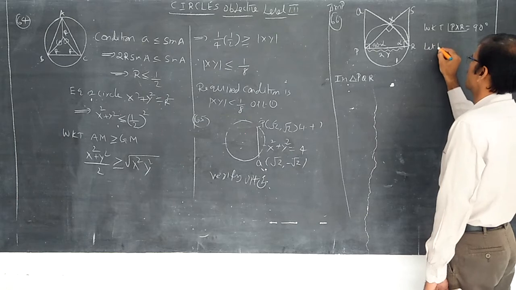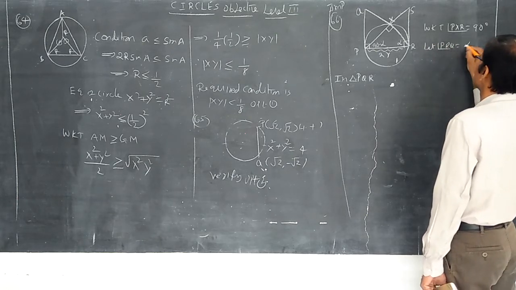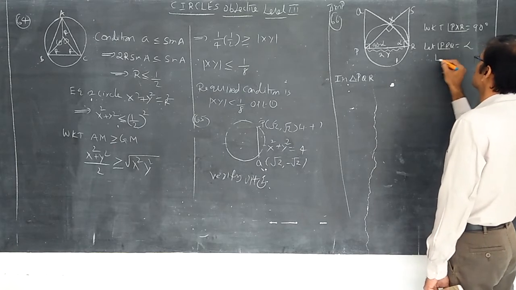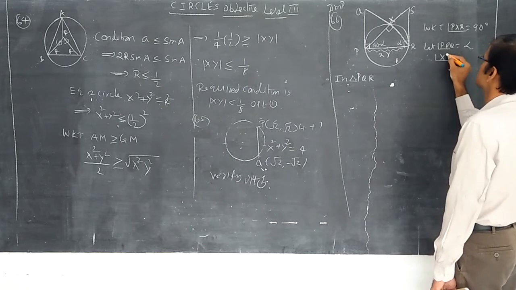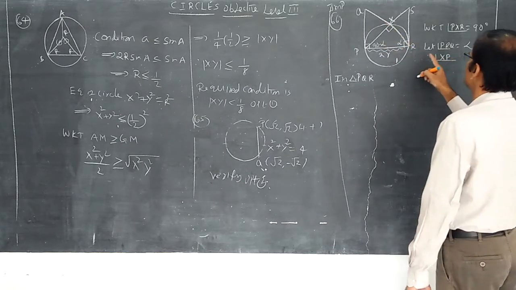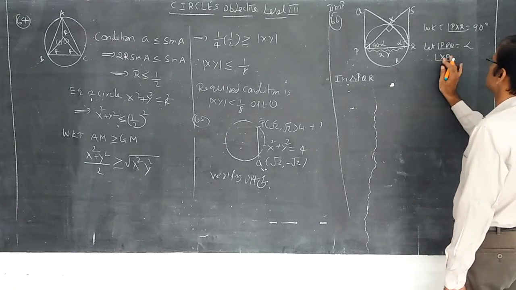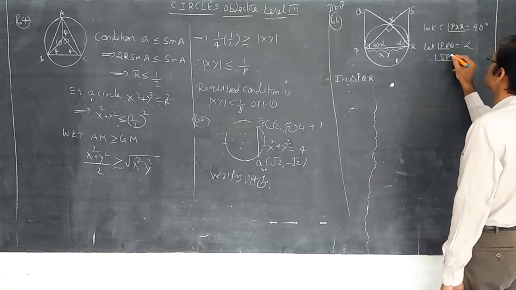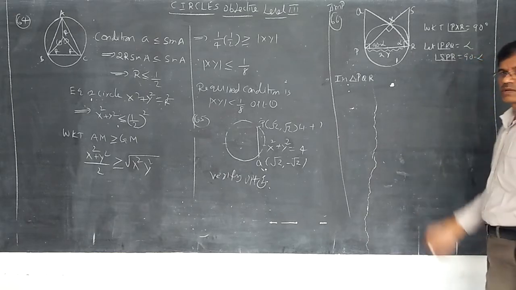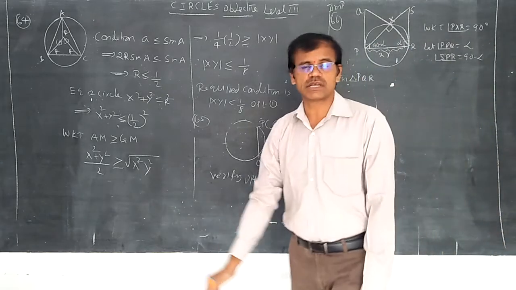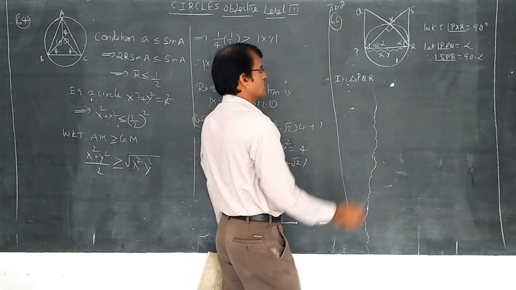Let angle PRQ be equal to alpha degrees. Therefore angle PRQ is equal to alpha. Then angle SPR, or XPR, anything you can write, is equal to 90 minus alpha. In any triangle, the sum of the angles is equal to 180 degrees. One is 90, the first one is alpha and the second one is 90 minus alpha.